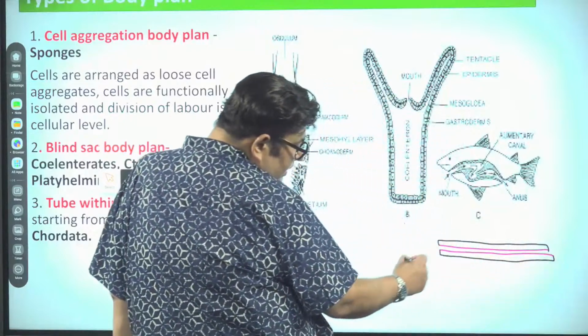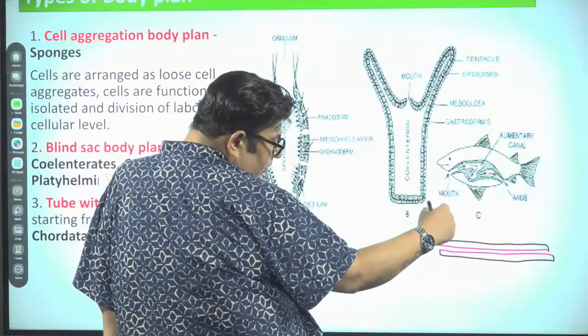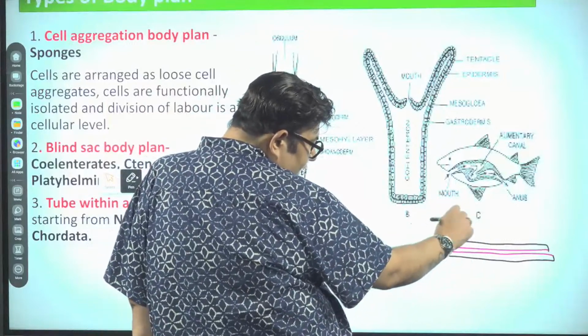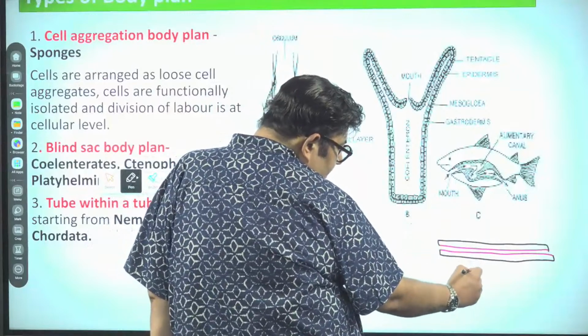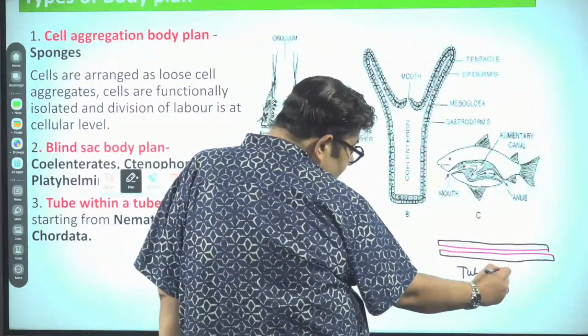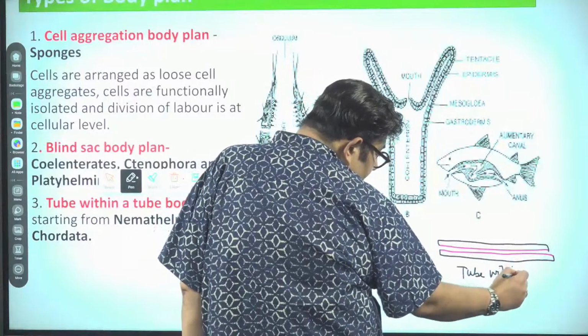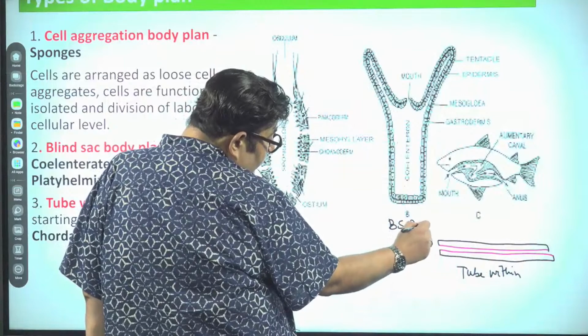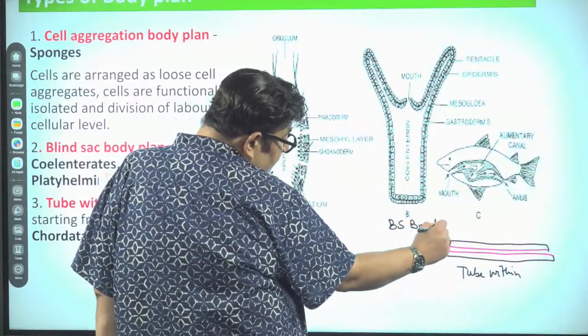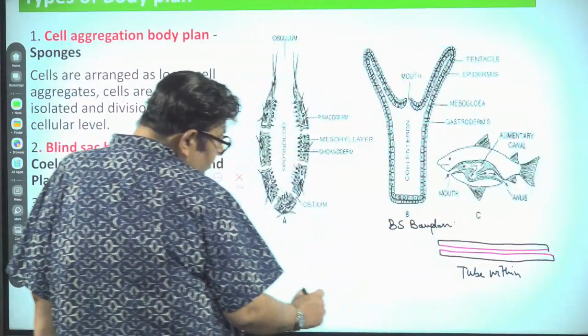Just like a ball pen, there is a refill inside and the pen body. So this is a tube within a tube. This is a blind sac body plan. Body plan is the same as bow plan, we can also call it that.